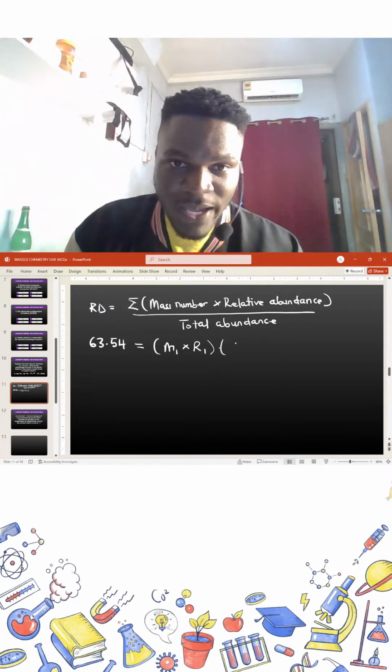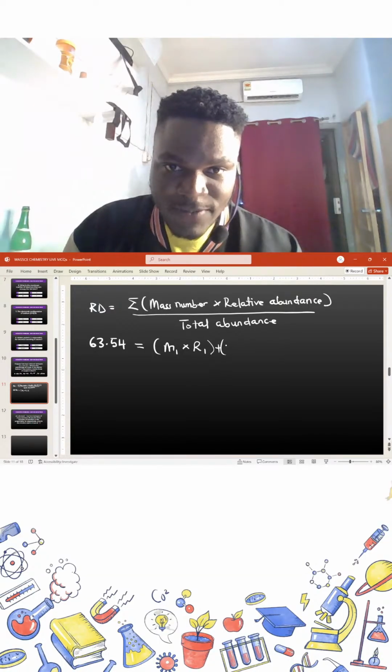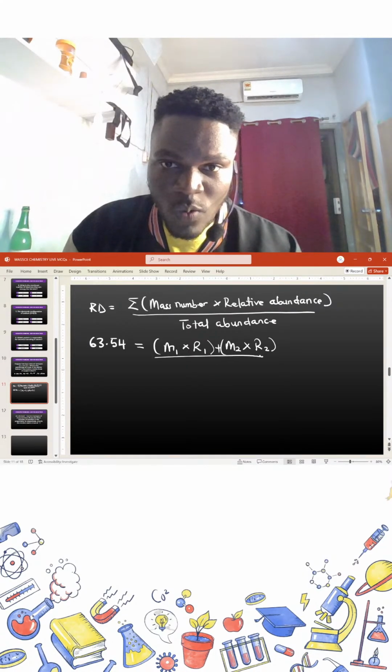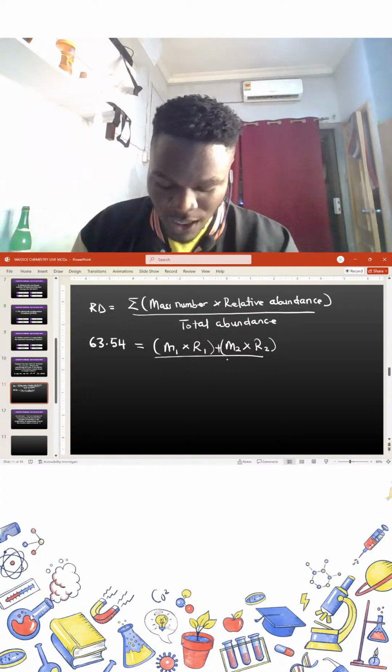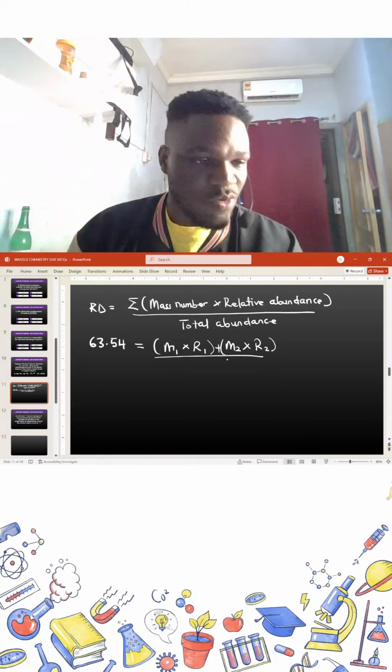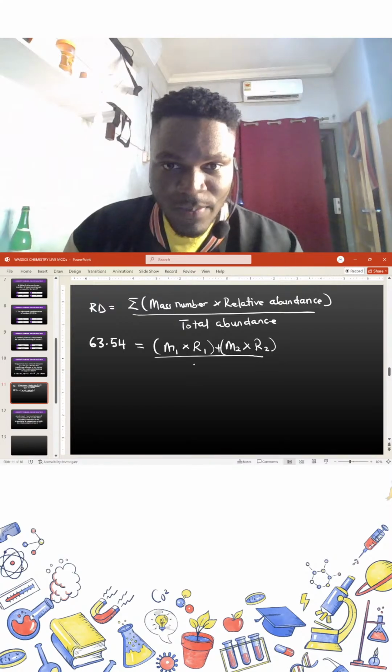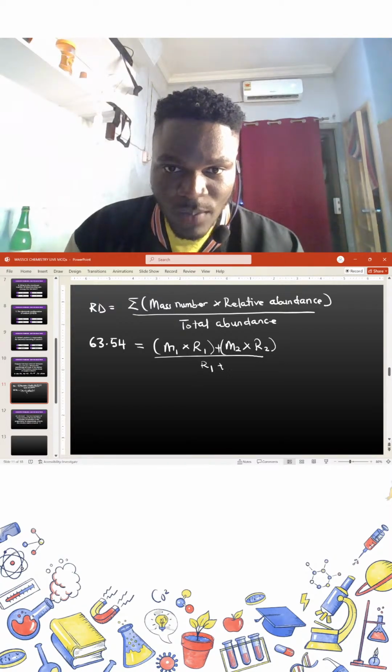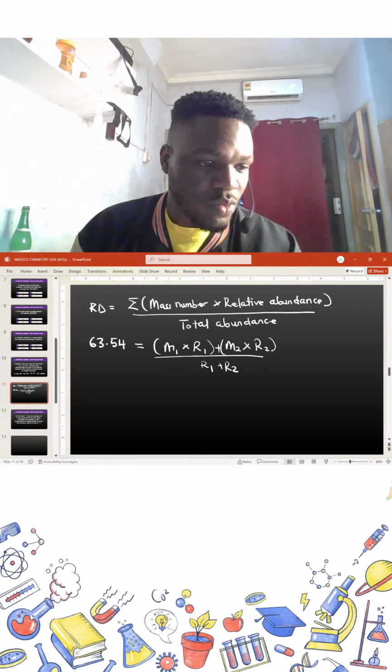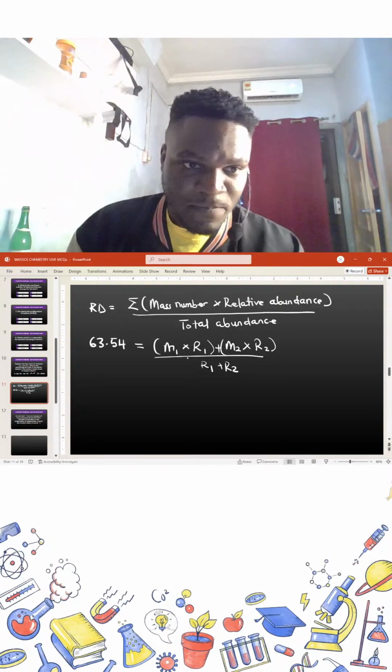Then summation, so it will be plus M2 multiplied by the relative abundance, R2, all over total abundance. Now, the total abundance most of the time is 100. Okay, it's 100, but that will be R1 plus R2. But R1 plus R2 usually gives us 100.